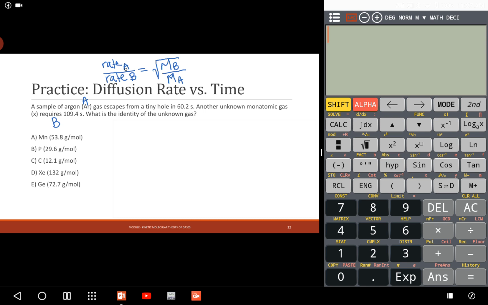So my rate of A. Rate is always amount per time. And so I don't know my amount, so I'm going to label my amount x and my time t.